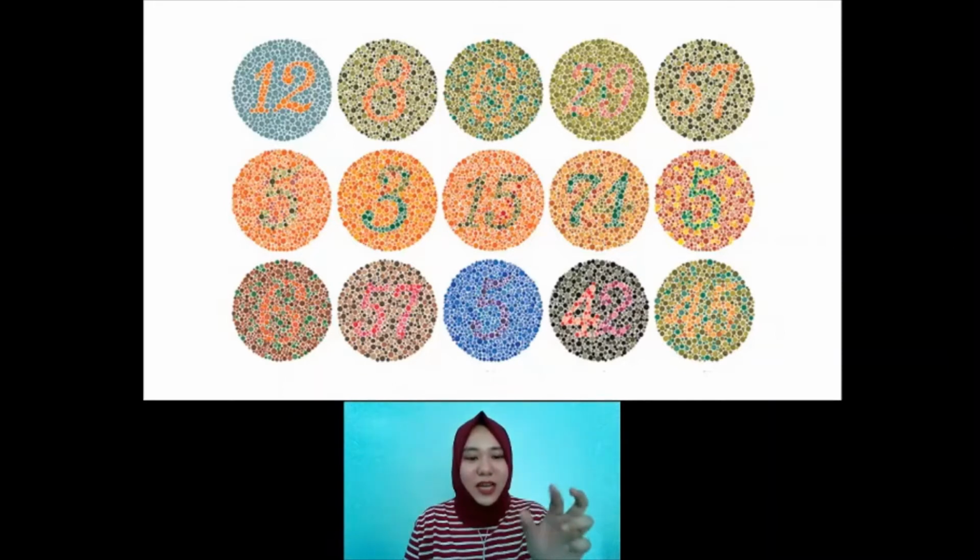It was made so that there are colors that look like they were combined. If you can see the numbers, it means your color vision is okay. So if you can see 12, 8, 6, 29, 57, 5, 3, etc., your vision is okay.